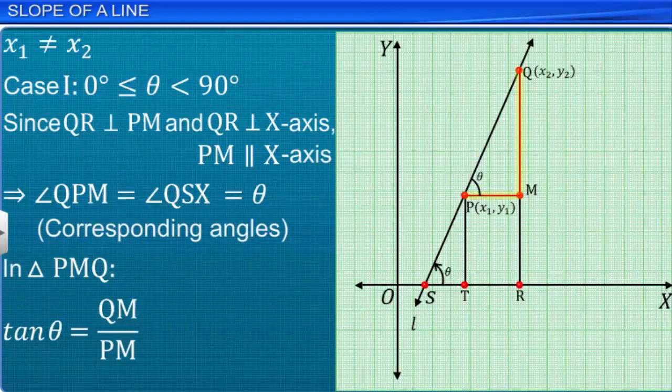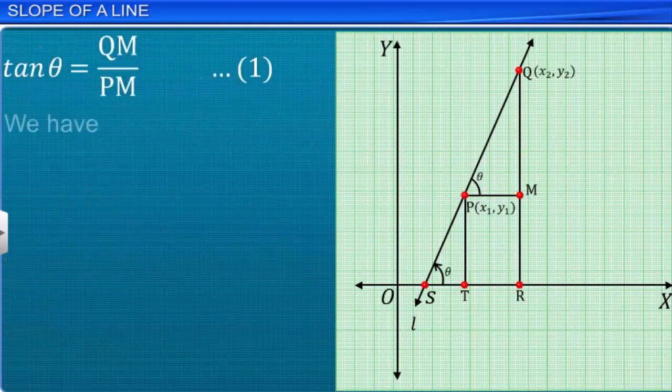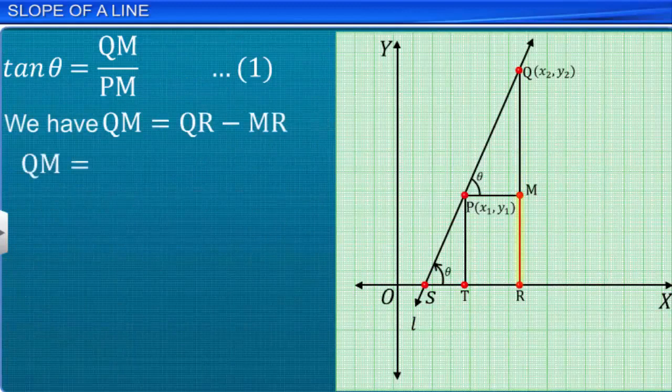Let this be equation 1. Now, QM is equal to QR minus MR or Y2 minus Y1. Let this be equation 2. Also, PM is equal to TR.